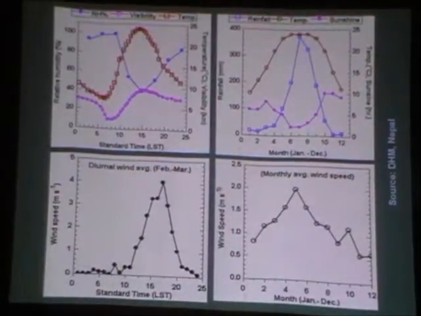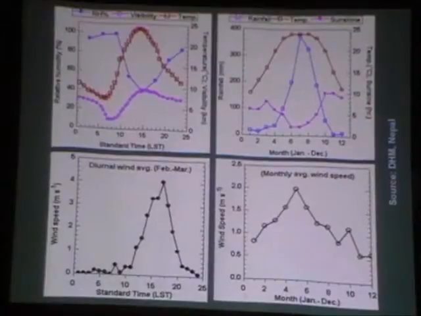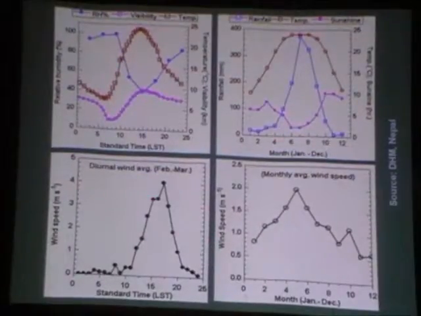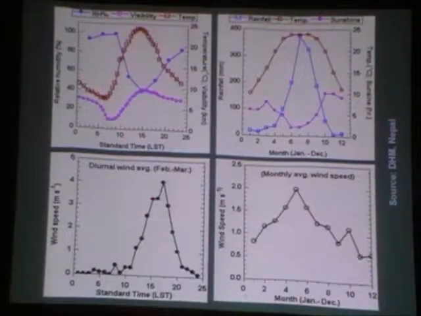This is the airport data from airport measurement, and it shows that at the valley floor the wind is not strong. Most of the time the valley remains calm, and the maximum speed approaches around 4 meters per second. This is the monthly average from January to December.